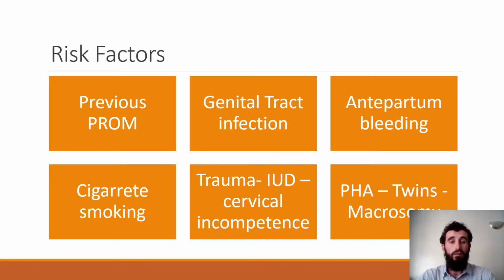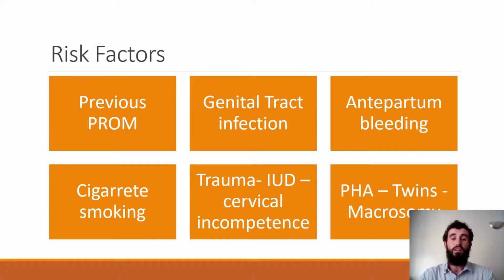So here we have the list of many risk factors. As in many situations in gynae, to have a previous episode is a risk factor for a new episode in this new pregnancy. And this is not the exception. To have a previous pregnancy with rupture of membranes is the main risk factor to have another rupture of membranes in this pregnancy.